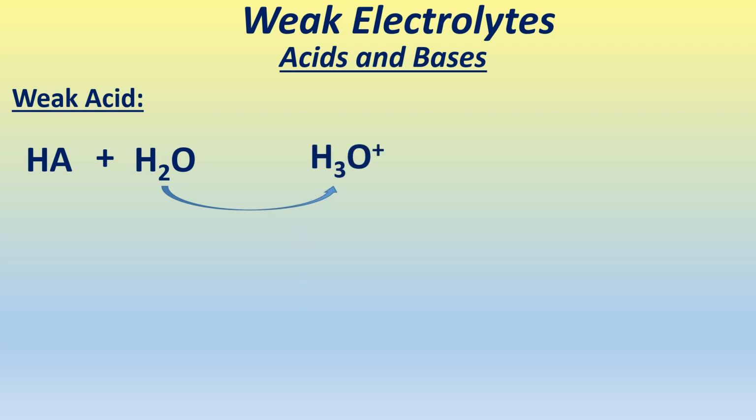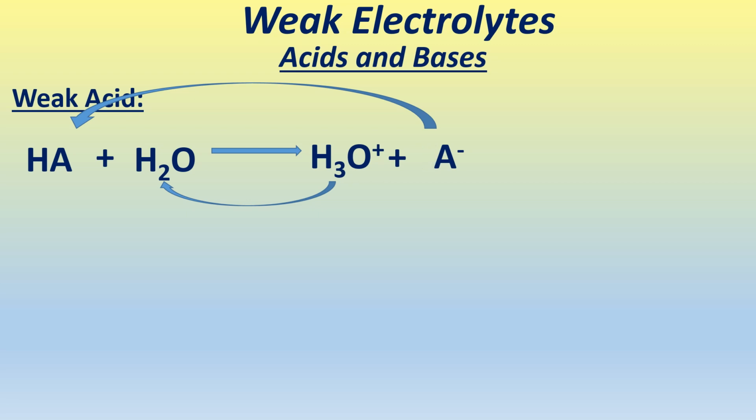After losing the proton, HA becomes an A-. This reaction also works in reverse. The H3O+ will give the proton back to the A- to go back to being water, and the A- becomes HA.